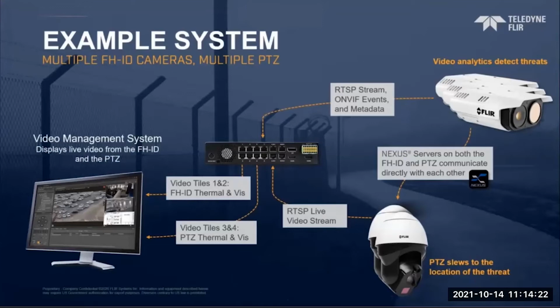We can also have PTZs coming in with their own, and a map we could integrate as well. So being able to do that just makes the job a lot easier for the operator because they have more data, right? They have more different things that are communicating to them at the same time. And that's really the magic of an enterprise level system, is the ability for multiple things to all be managed on one platform.